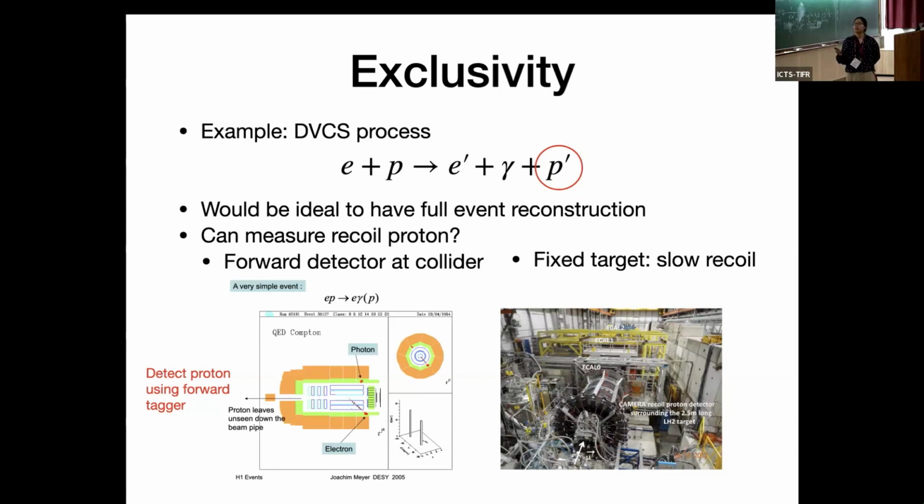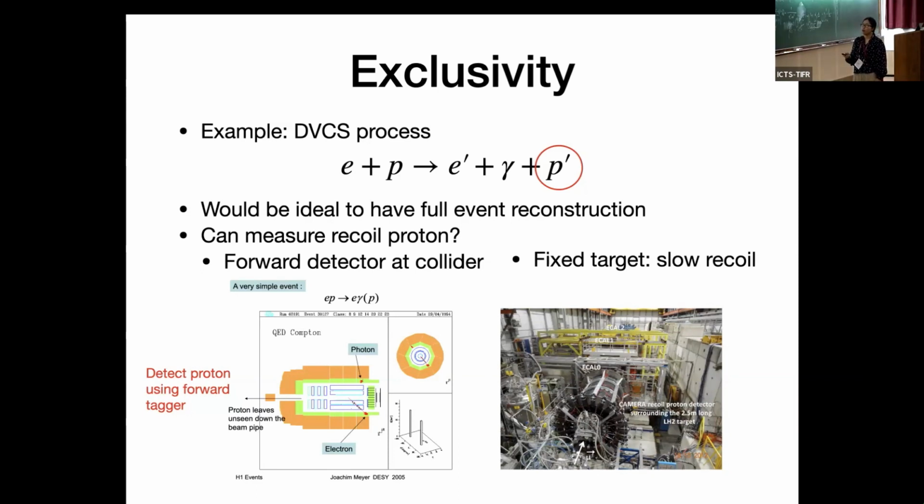So after the collision, your target proton, the recoiled proton, where do you think it's going to go? For the collider, when both beams are colliding, normally the proton beam has higher energy, and your proton recoil will just continue straight, close to the beam line, right? And that's what you can do in, for example, HERA.